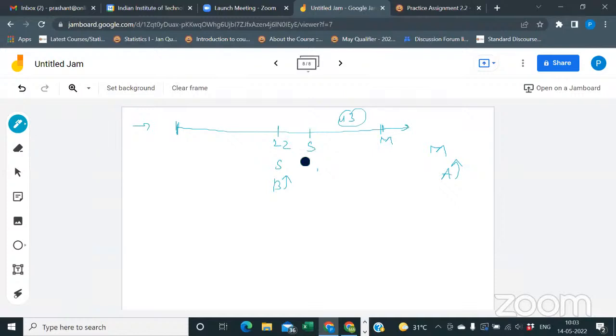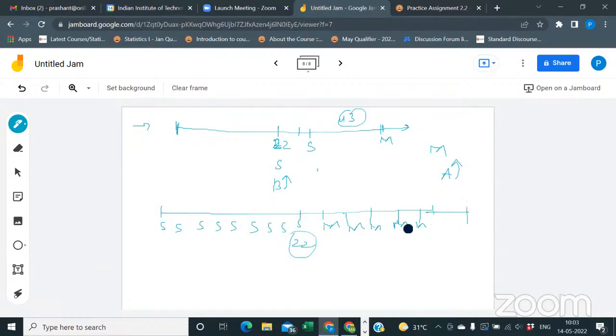Will the median be changed or not? Suppose for the median, till the 22nd it should be S, right? Now, for 43 students, my median is this one.